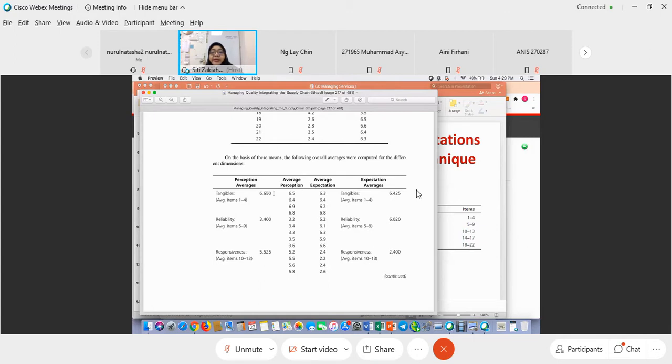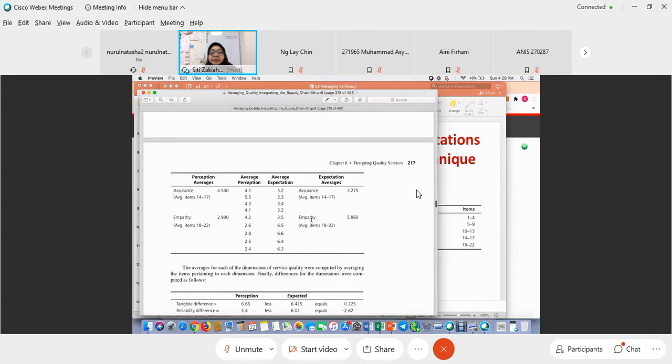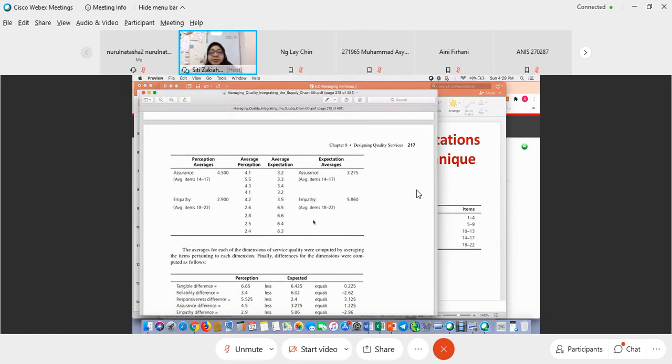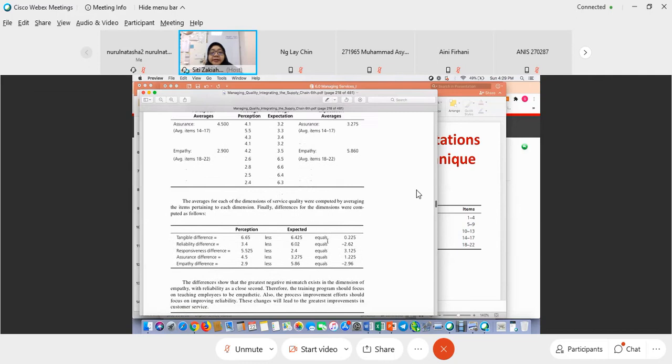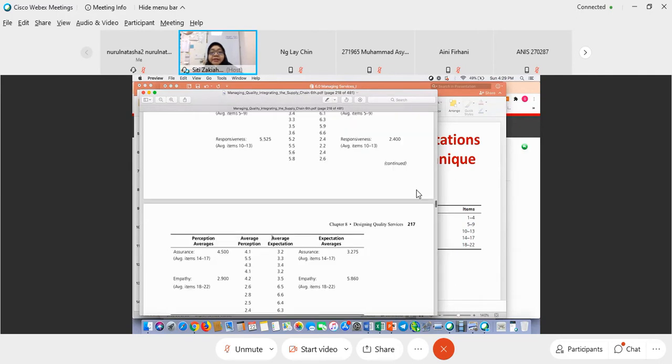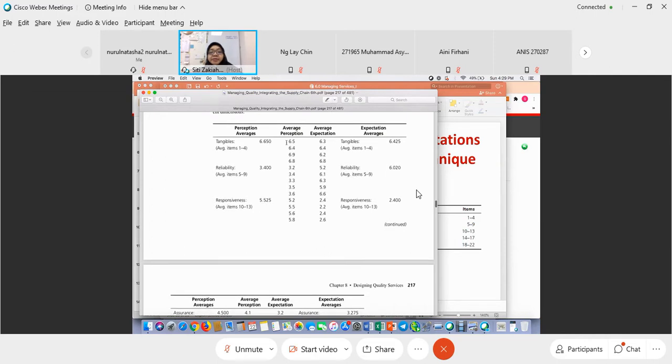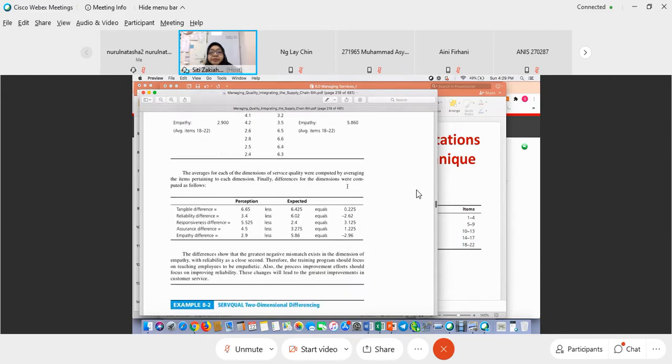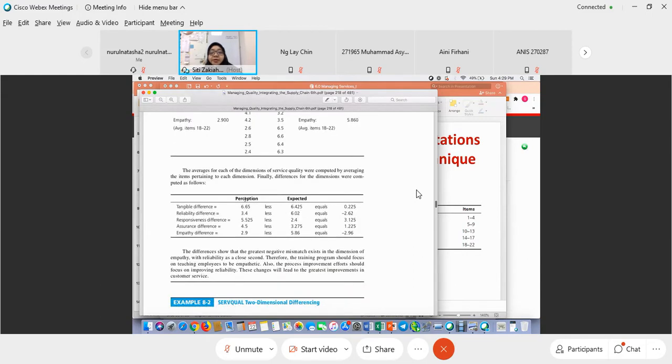You do it for both the perception as well as the expectation, for all dimensions. And then you transfer it into another table. See, tangible: the average is 6.65 for perception and 6.425 for expectation. So you put perception, expectation, and then you do the difference. That's why it's called differencing.